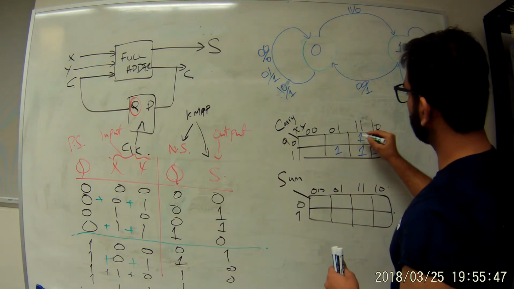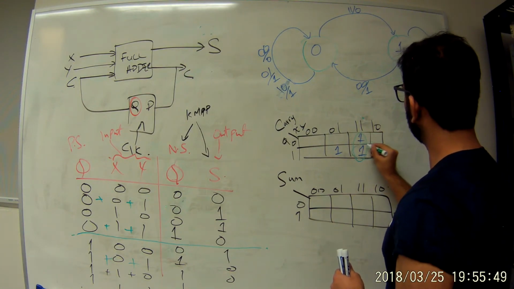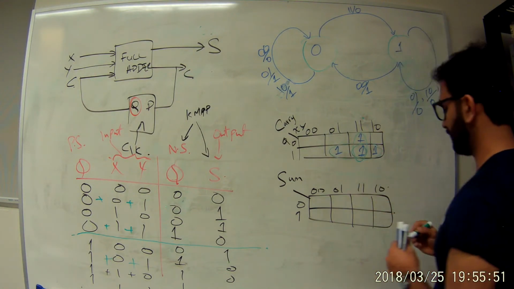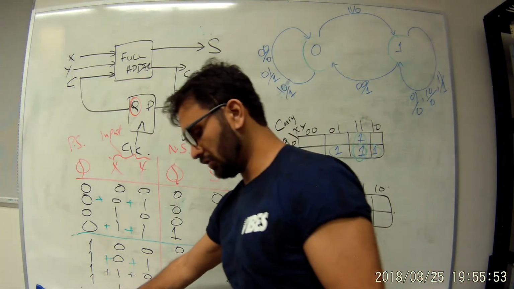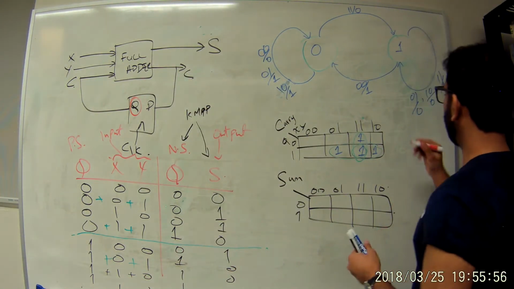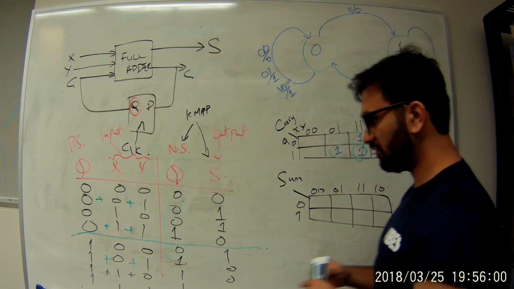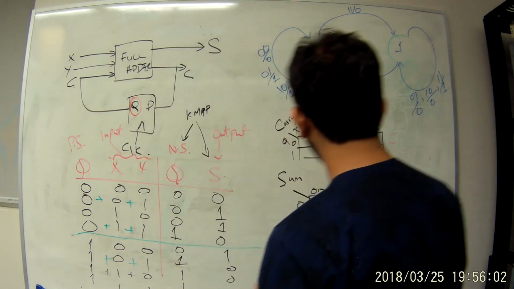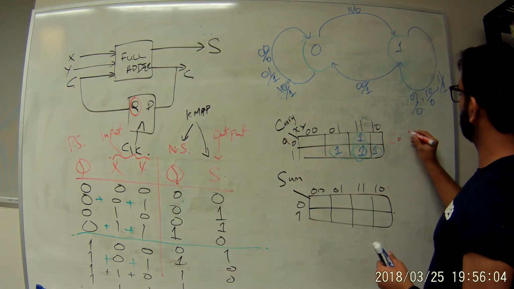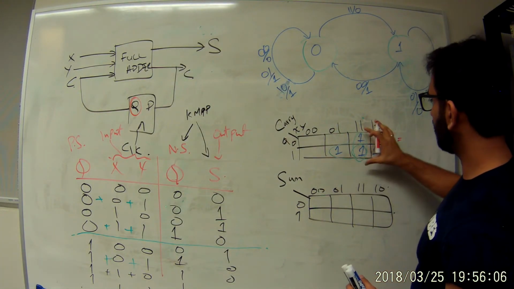we're going to have like 3 groups over here. So 1, 2, and 3 groups. And we can write down the equation using those groups. So our carry equation for this circuit is equal to, so let's look at this one.